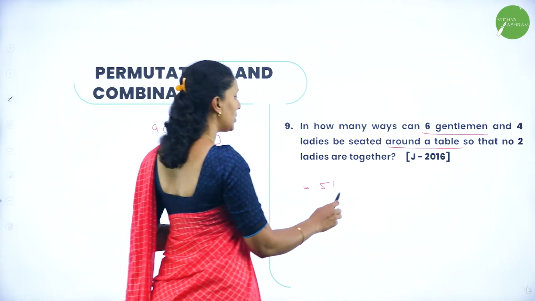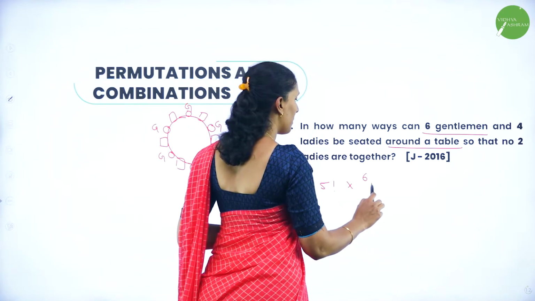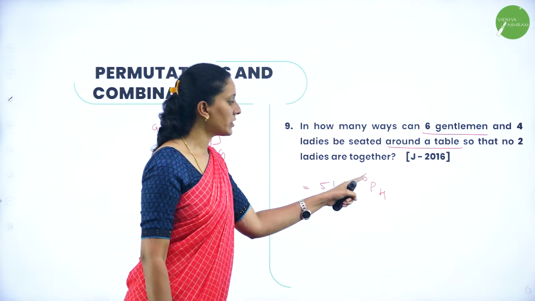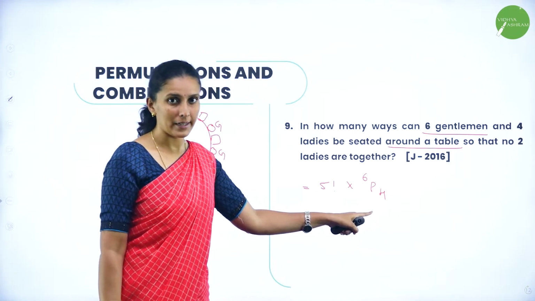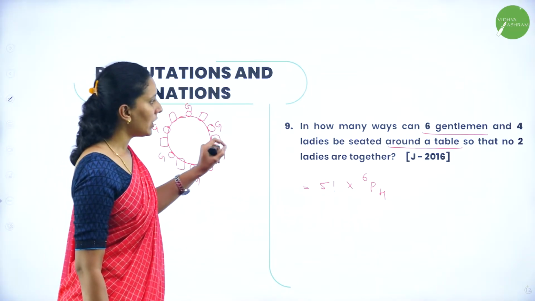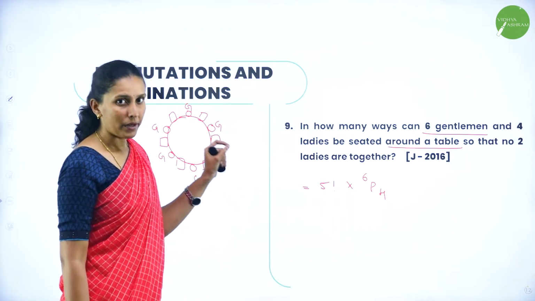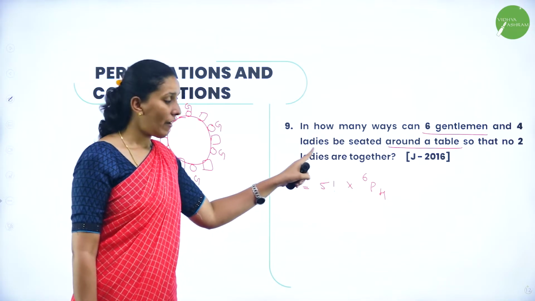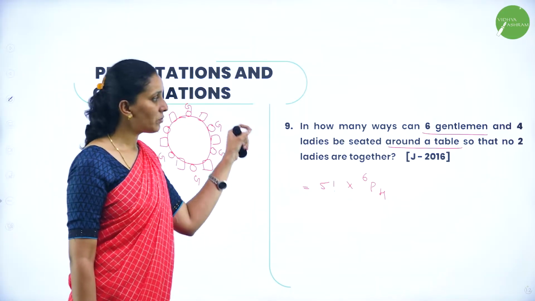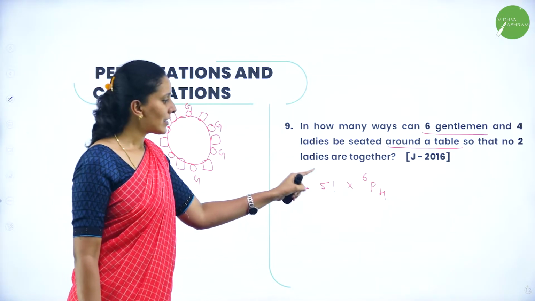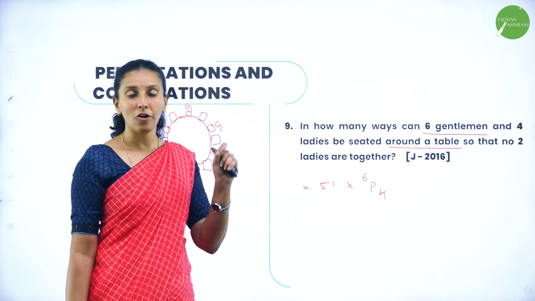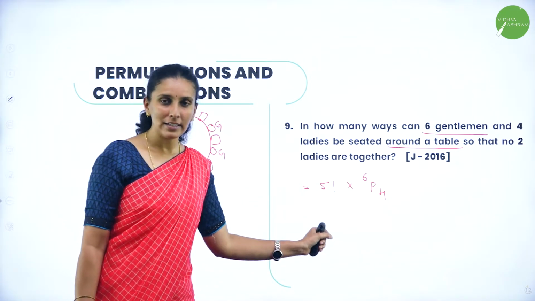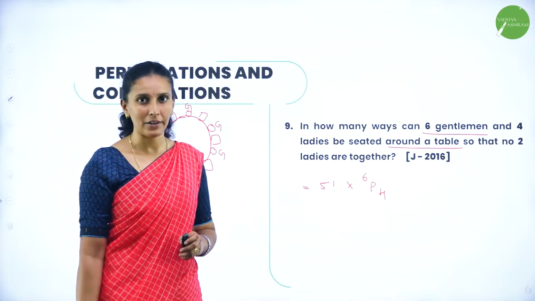So therefore it will be equal to 6P4. That means out of 6 positions, I need to arrange only 4 ladies. So my total number of arrangements will be equal to 5 factorial into 6P4. 5 factorial represents the arrangement of 6 gentlemen and 6P4 represents the arrangement of 4 ladies in 6 positions. And then you evaluate this, multiply and write the value.